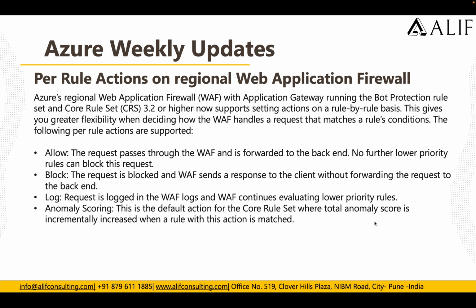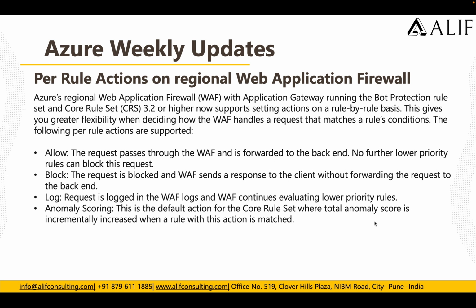The next update which we have is again for application gateway. Now we have per-rule action capabilities on the regional web application firewall. What that means is, earlier you needed to define multiple rules into one firewall rule set, and then you could have the action available on those multiple rules.